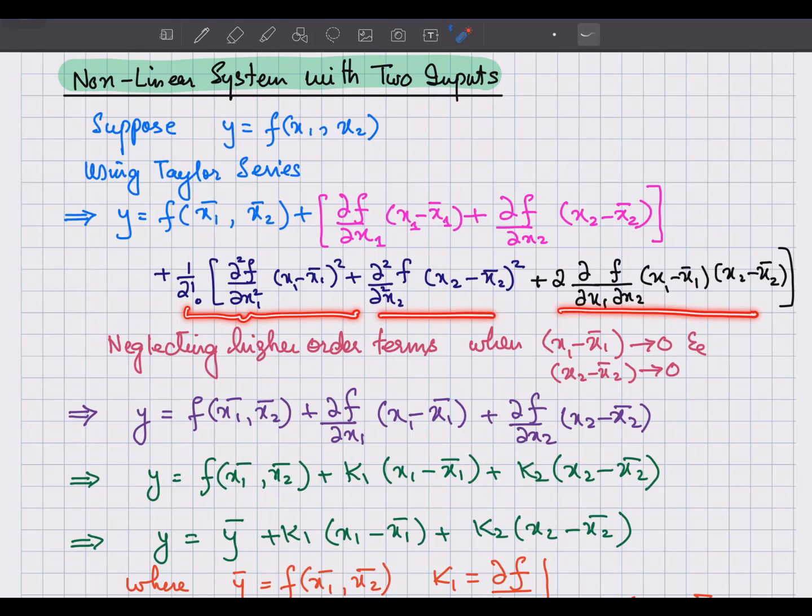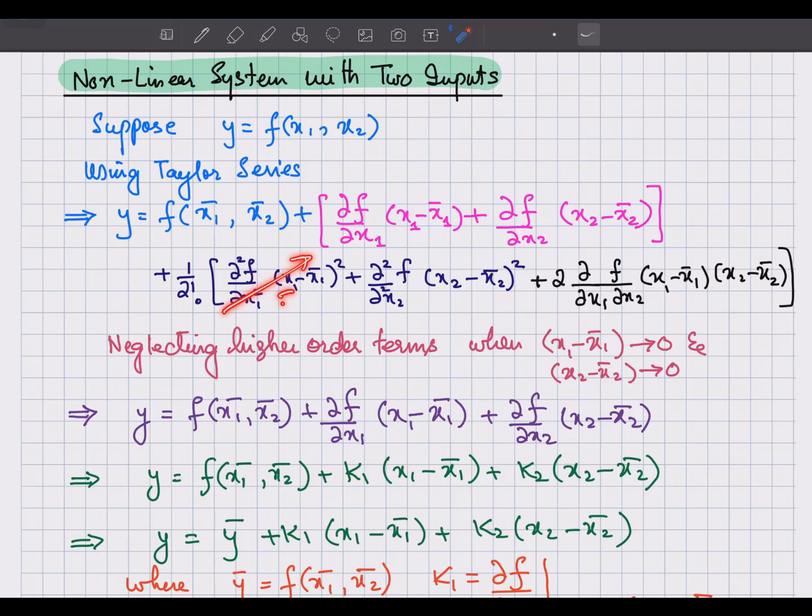So what we are going to do, again, we are going to assume that this x1 minus x1 bar is very small, the variation in the variables is very small around the operating point, so we can neglect all the higher order terms which include square or the cube or higher.